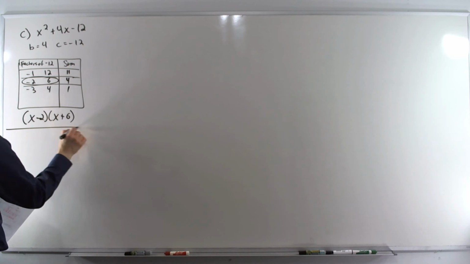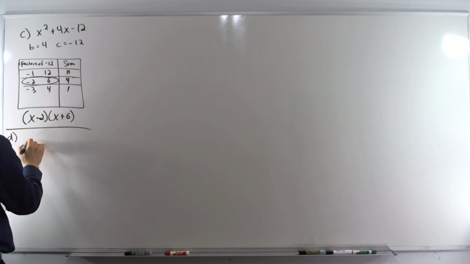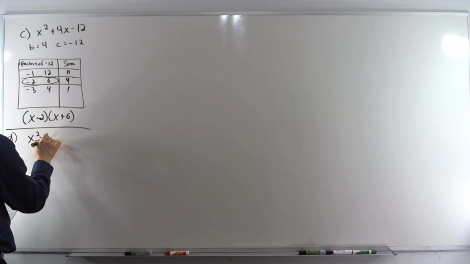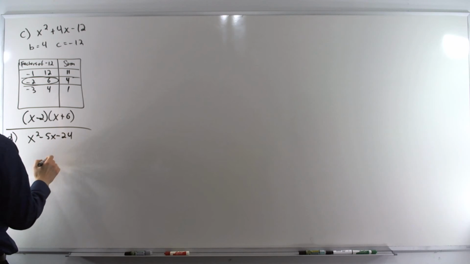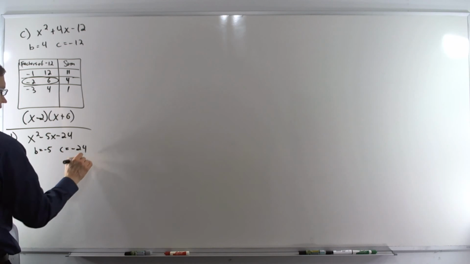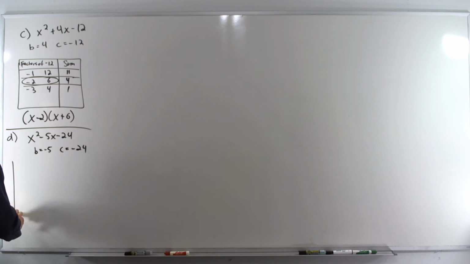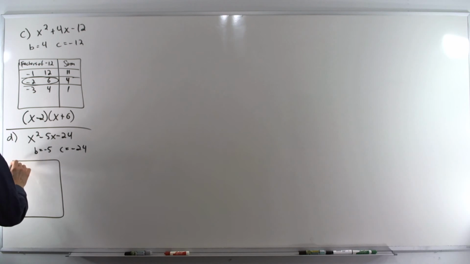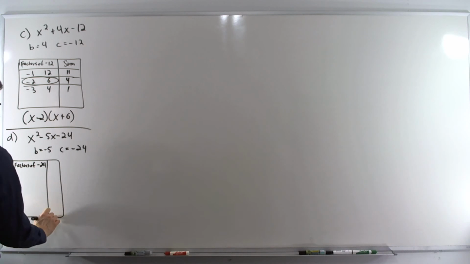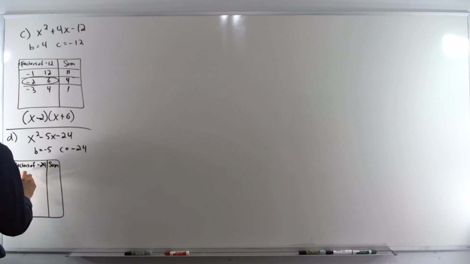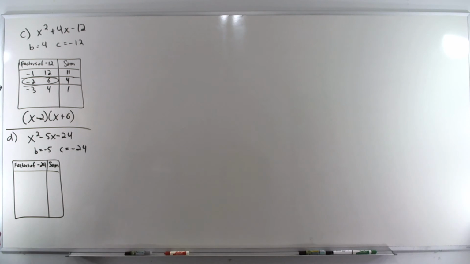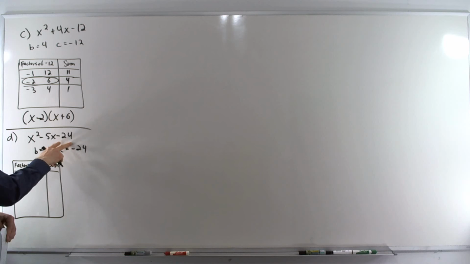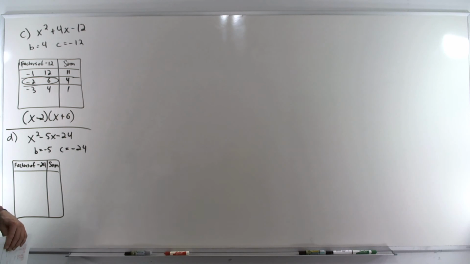Part D. So for this one, B is -5 and C is -24. So for this one, we got a negative C, so we have to have one positive, one negative.